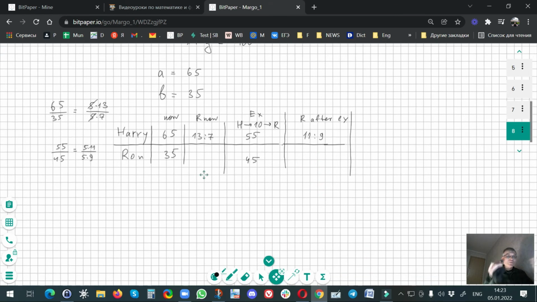We produced a problem. Harry and Ron each has a certain amount of gold coins. The ratio is 13 to 7. Then Harry, being generous, presents Ron with 10 gold coins.